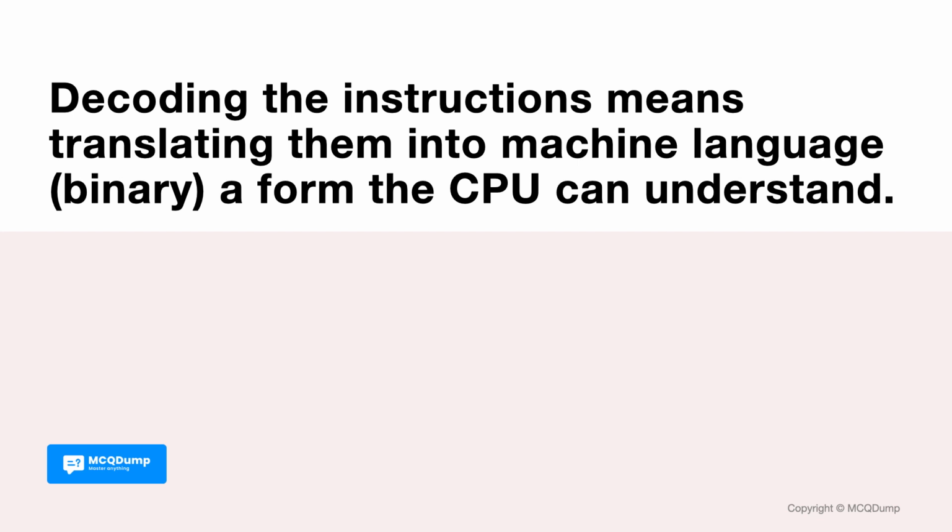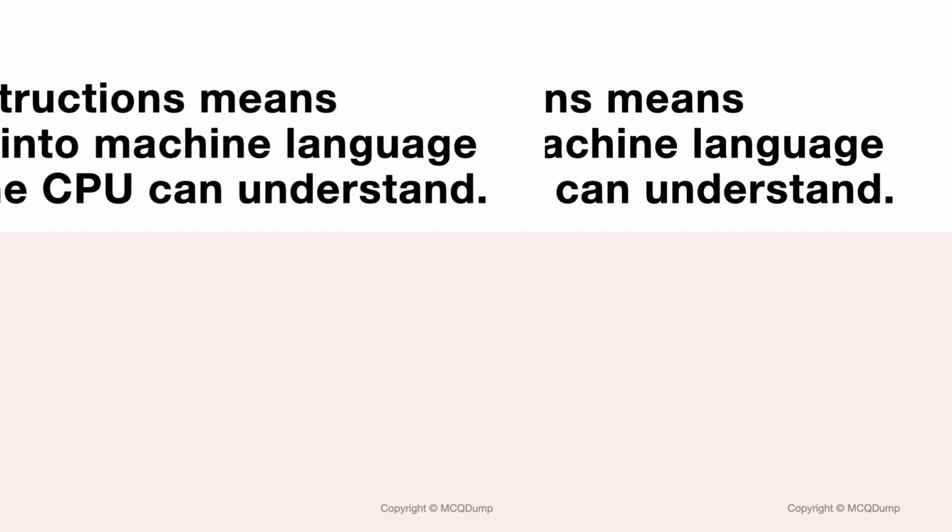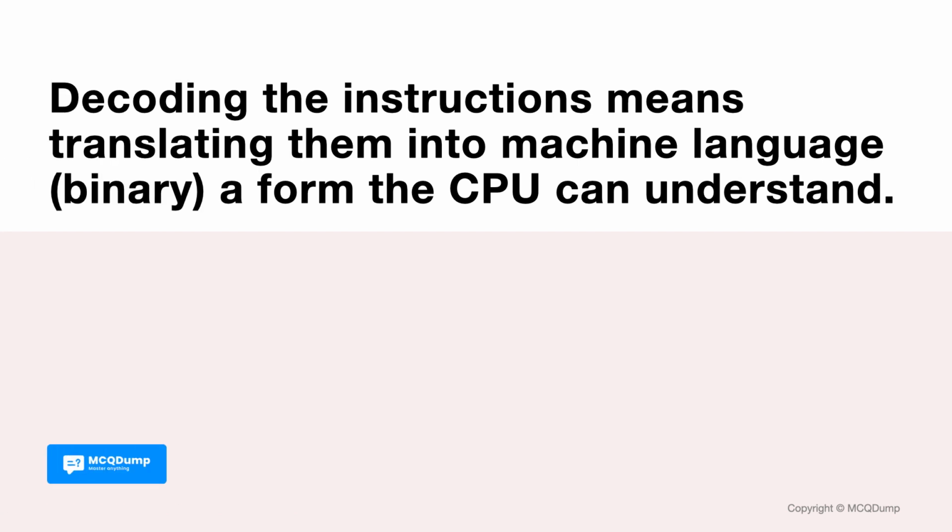Decoding the instructions means translating them into machine language, binary, a form the CPU can understand. True or false? It's true. Decoding the instructions means translating them into machine language, binary, a form the CPU can understand.